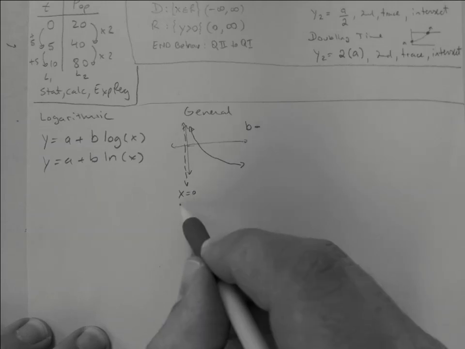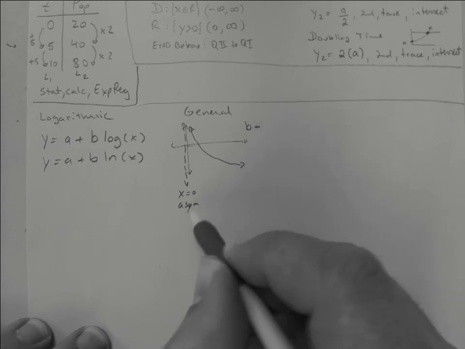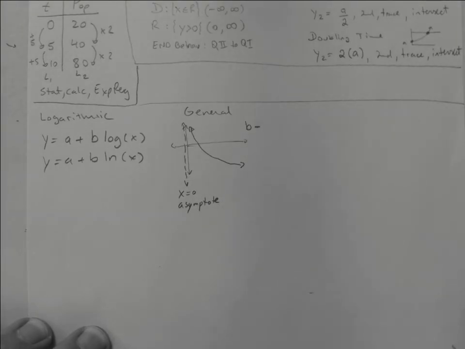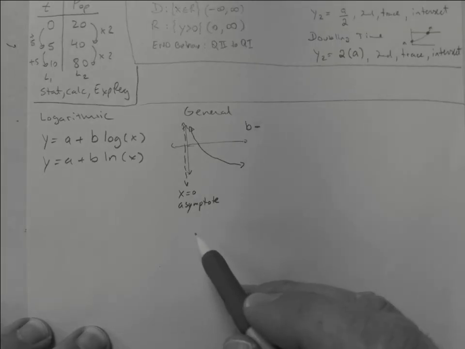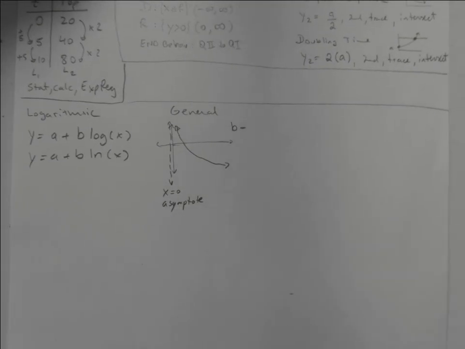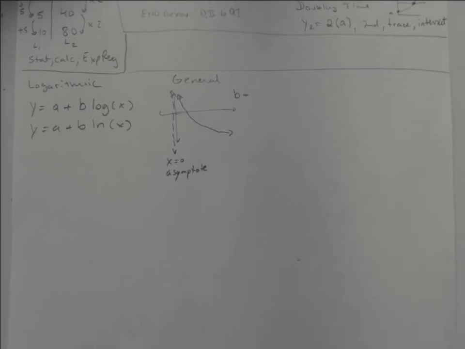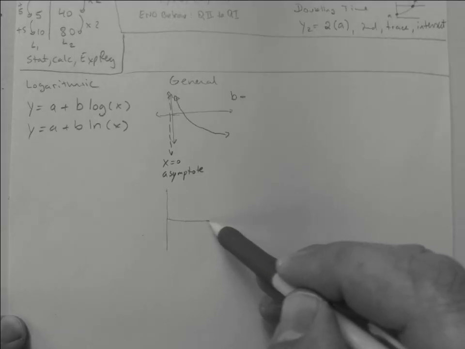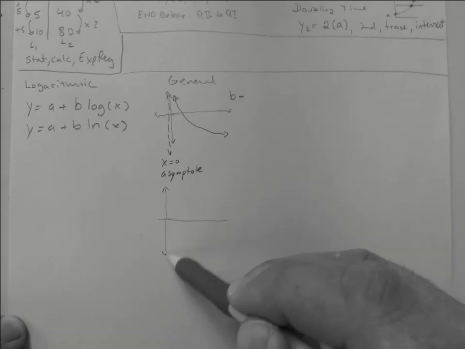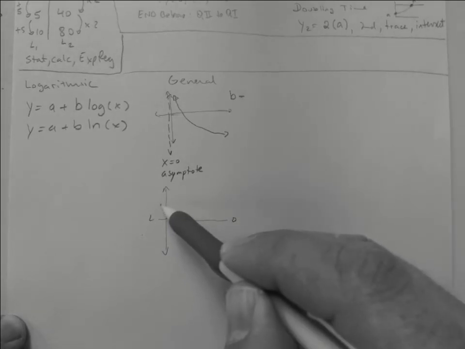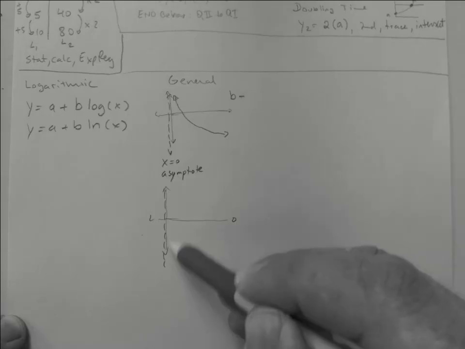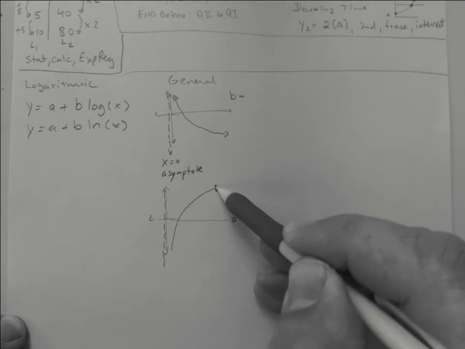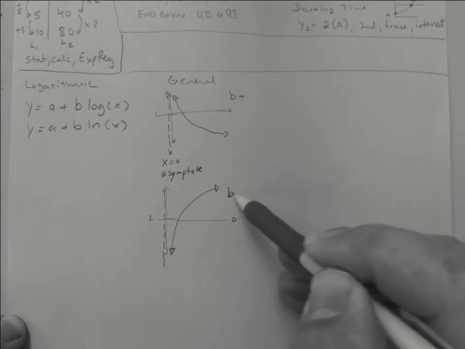X is equal to 0. And then right here, b is positive.